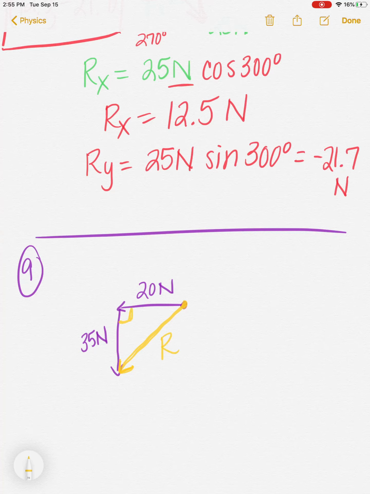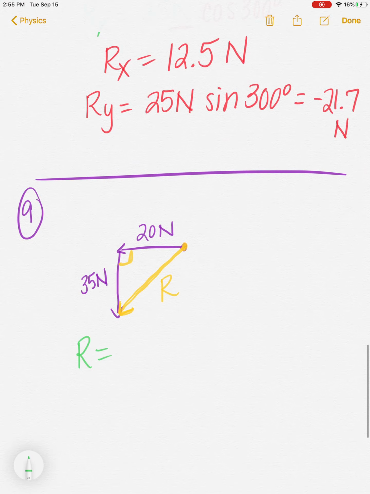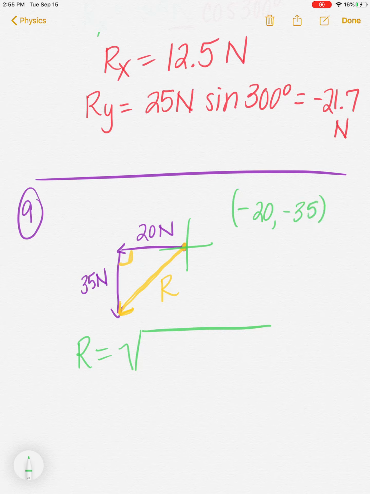Well, this looks an awful lot like a right triangle, and R is actually the hypotenuse. So that's where the Pythagorean theorem comes into play. R is going to be equal to the square root. Now, we should think about this for a minute, because this 20 is pointed in the negative direction, so I should call that negative 20 for the x coordinate. And since the 35 is pointed downwards, it should also be a negative value. That's not going to mean too much right now because we're squaring these.